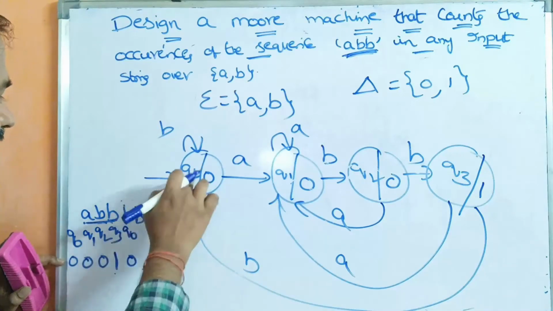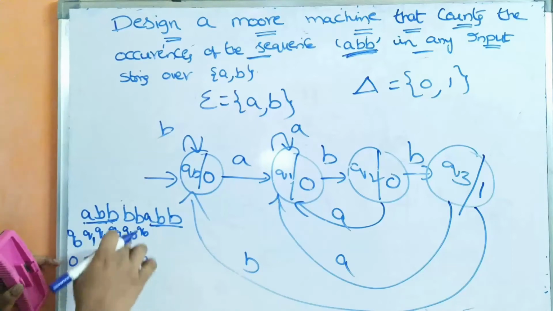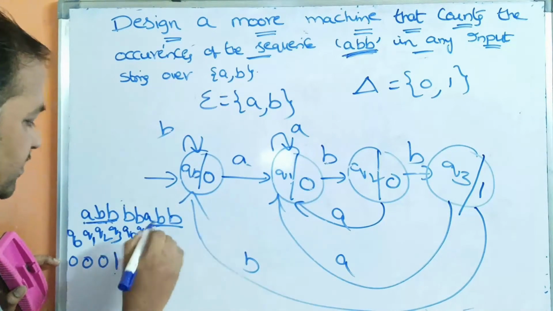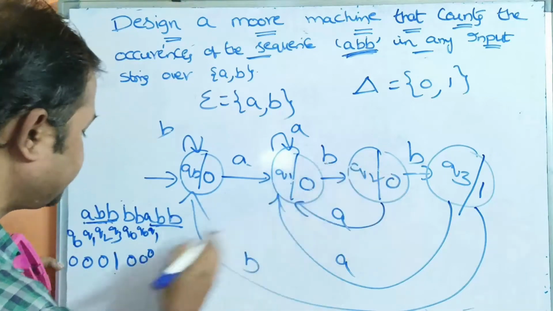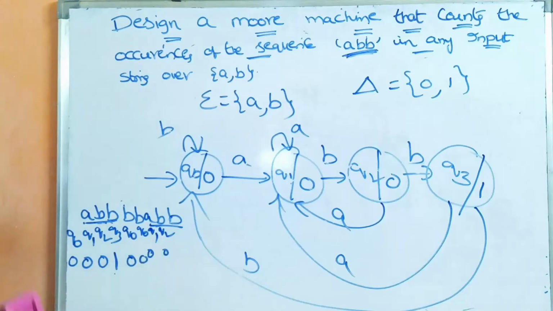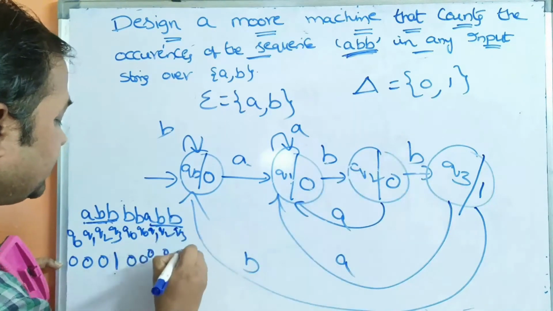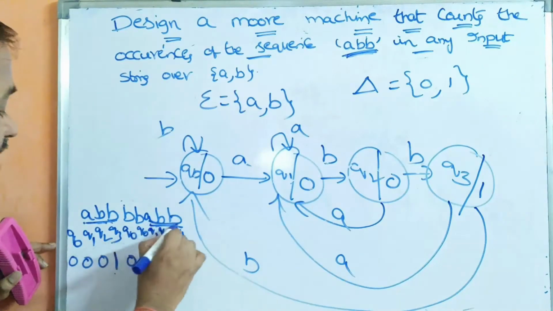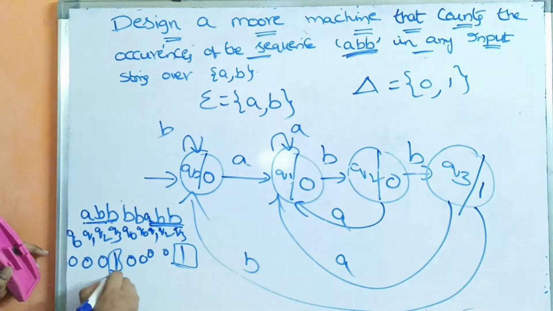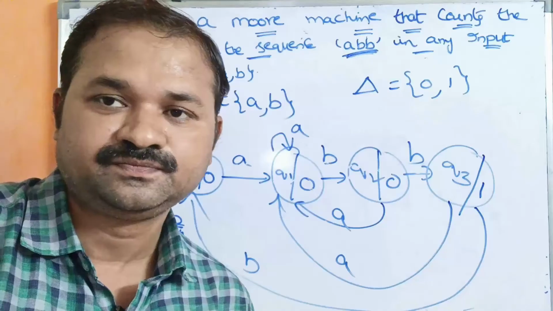Next, Q0 on B means Q0 only, so 0 is the output. Q0 on A means Q1. Q1 output is 0. Next, Q1 on B means Q2. Q2 output is 0. Next, Q2 on B means Q3. Q3 output is 1. So here we have the sequence ABB, that's why we got 1 as the output. With this we can say that ABB occurred twice in the input string.